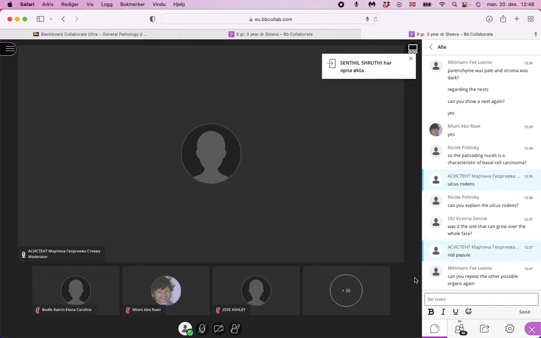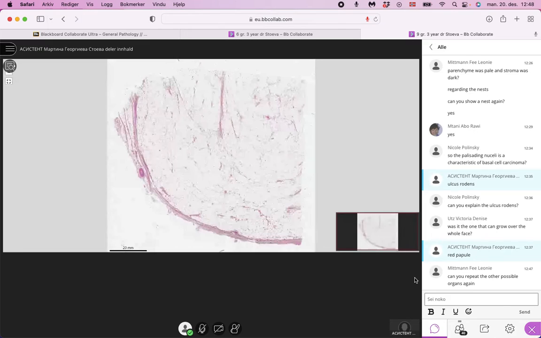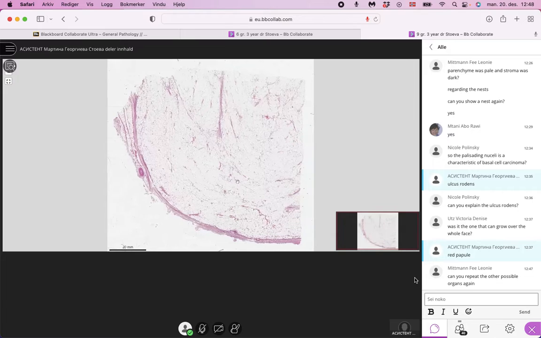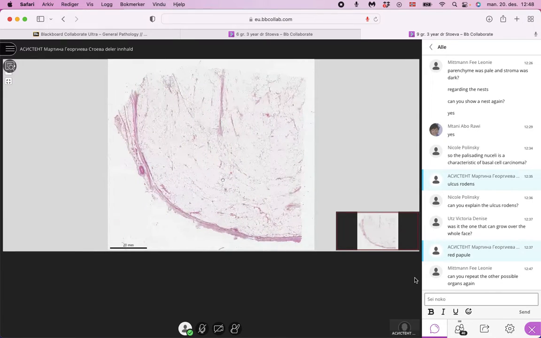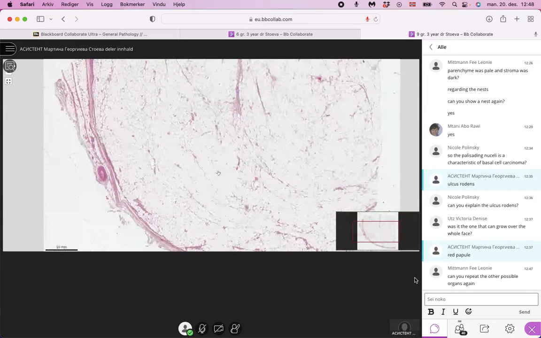Slide number 42, lipoma. Here again, because this is a benign tumor derived from fat tissue, there are no features of cellular atypia, which means that the tumor is composed entirely of mature adipocytes.